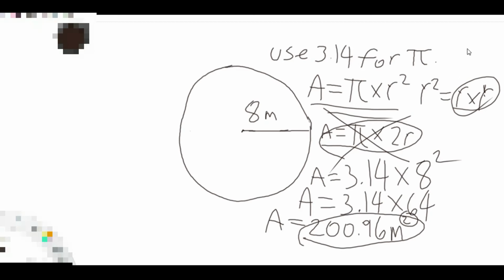Okay, so now we already know the answer. You could check if it's correct, but we're not going to do that. Let's continue to another problem. So a new circle.